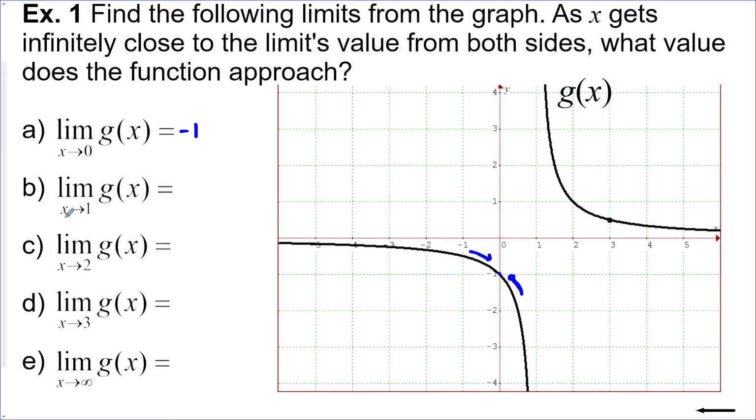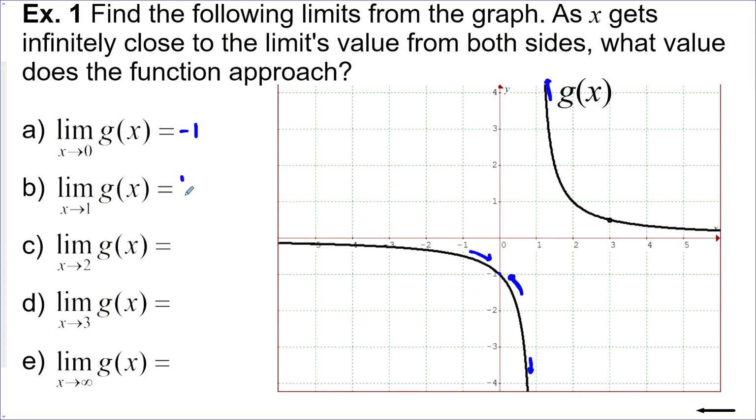The limit as x approaches 1. So here's x equals 1, and we want to approach it from the left and from the right. Now you can see that we're going two different directions. From the left, if we try to approach x equals 1, we're going to head towards -infinity, and from this side, positive infinity.